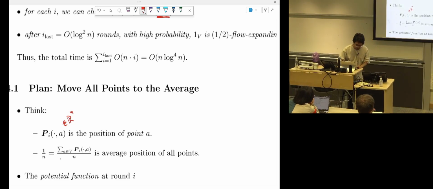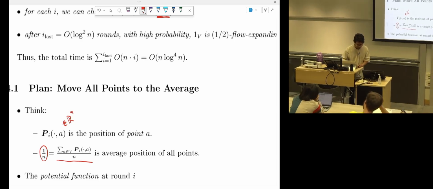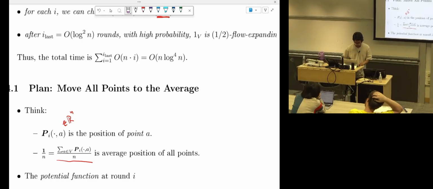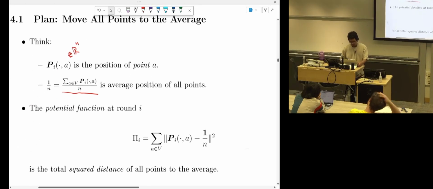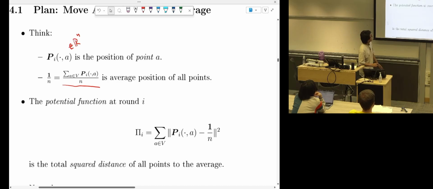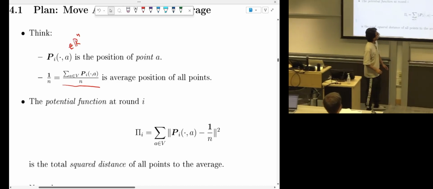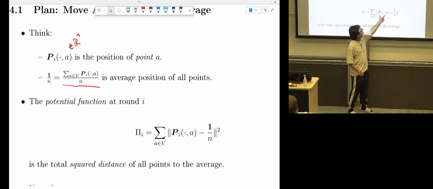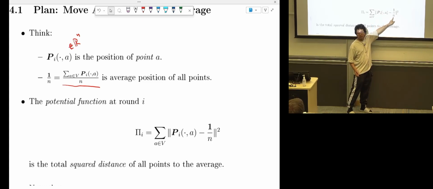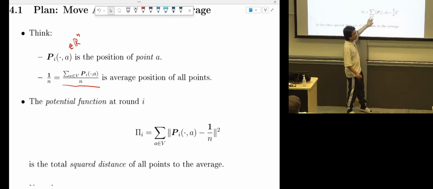The average of all points will look exactly like the all-ones vector 1 over N, R1 vector over N. And my potential function is really going to be the distance from point A to the average, squared, summing over all nodes.